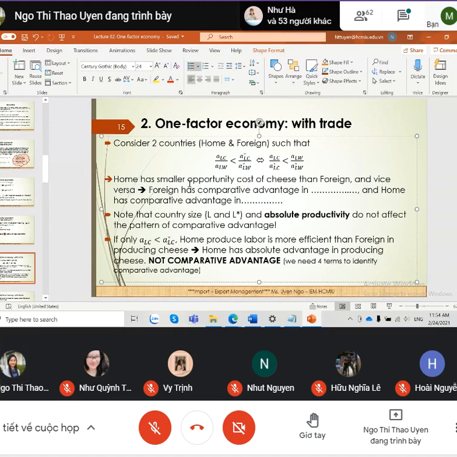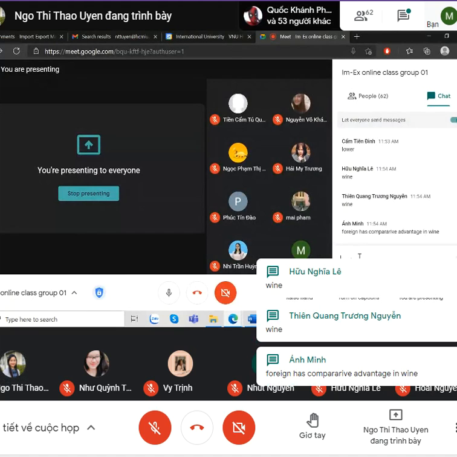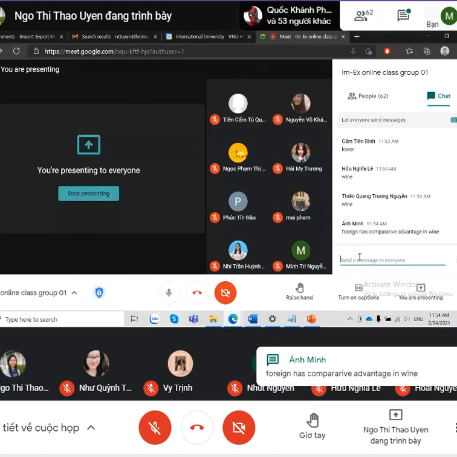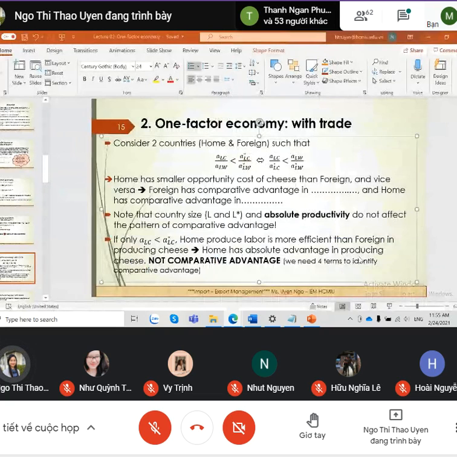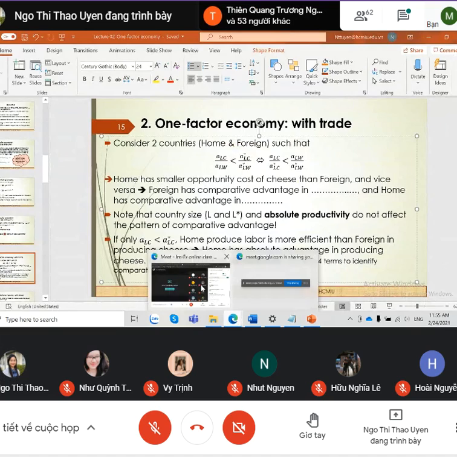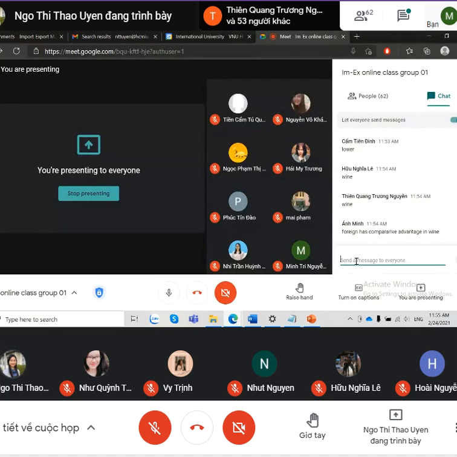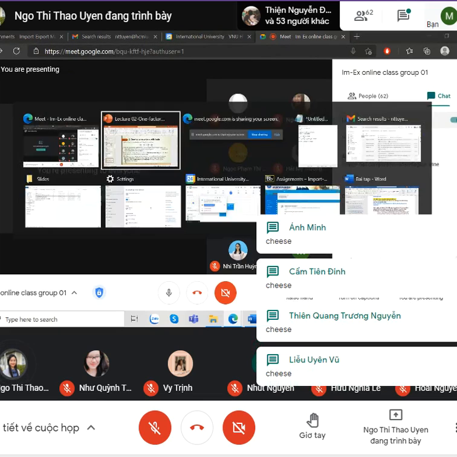So foreign has comparative advantage in wine. Correct. So foreign has comparative advantage in wine, and home has comparative advantage in what? Cheese. Correct, in cheese.